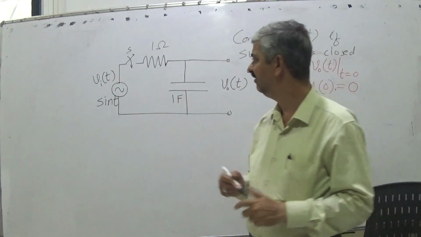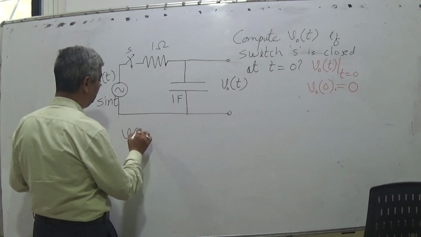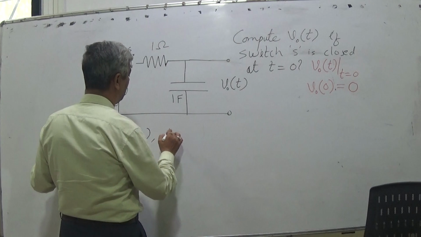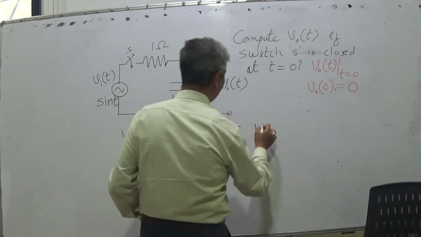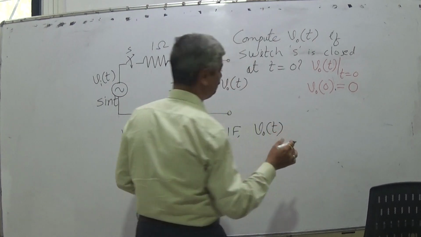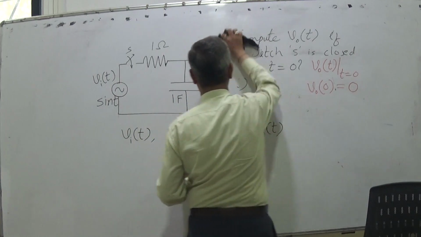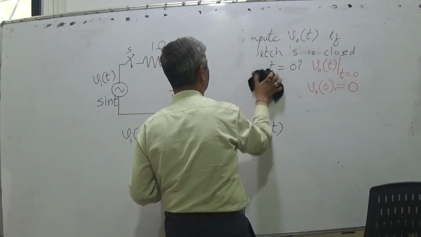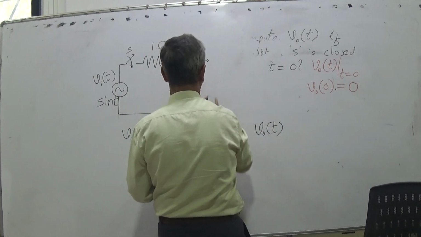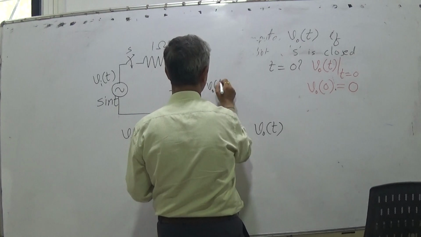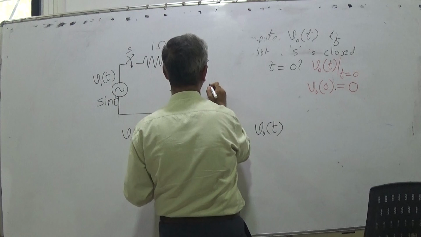First of all, in terms of Vin(t), with R that is 1 ohm, C that is 1 farad, and Vo(t), what is the differential equation which you already constructed? We have already solved this problem. The differential equation doesn't change. Only thing is that I am replacing it with sin t now.